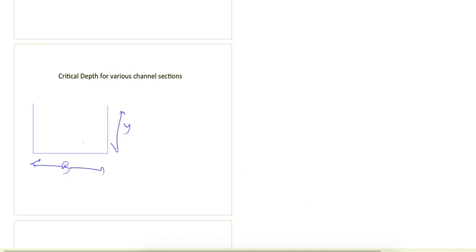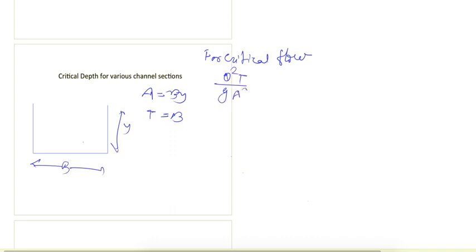So area is equal to b into y, and top width is equal to the bed width, which is equal to b. So for critical flow, Q square T upon g A cube, as we saw earlier, is equal to 1.